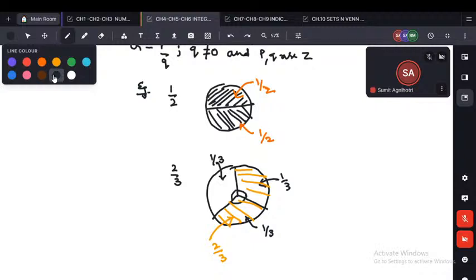Now if you want 4/5, you will shade 4 portions, like I'm doing now. Then this shading will represent this 4/5.